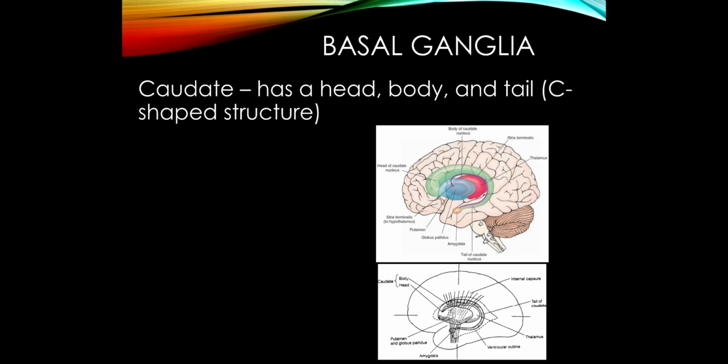And the reason that's confusing is whether we're doing horizontal cuts like this or coronal cuts like this, it means we're going to see the caudate in 2 different places. Okay, so just recognize you're cutting through a C, and that's why you're going to see it in different locations. So in blue, here we have the putamen, and deeper in this area right here is the Globus Pallidus.